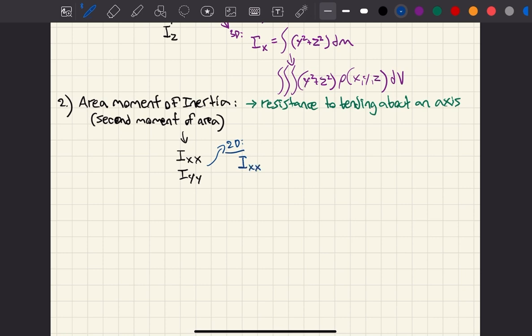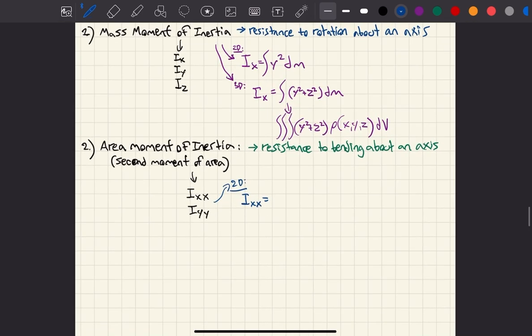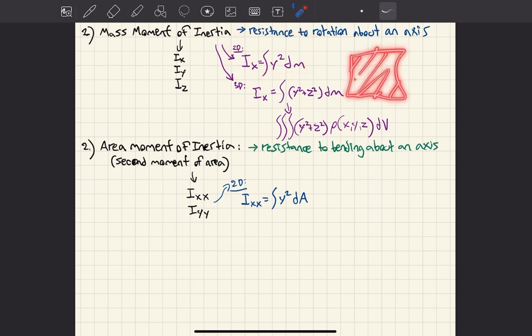Ixx is going to equal, very similarly, instead of the integral of y squared dm, the integral of y squared dA. Because the mass moment of inertia depends on the distribution of mass in a cross-section, the area moment of inertia is very similar, but we're talking about the distribution of area within a cross-section.